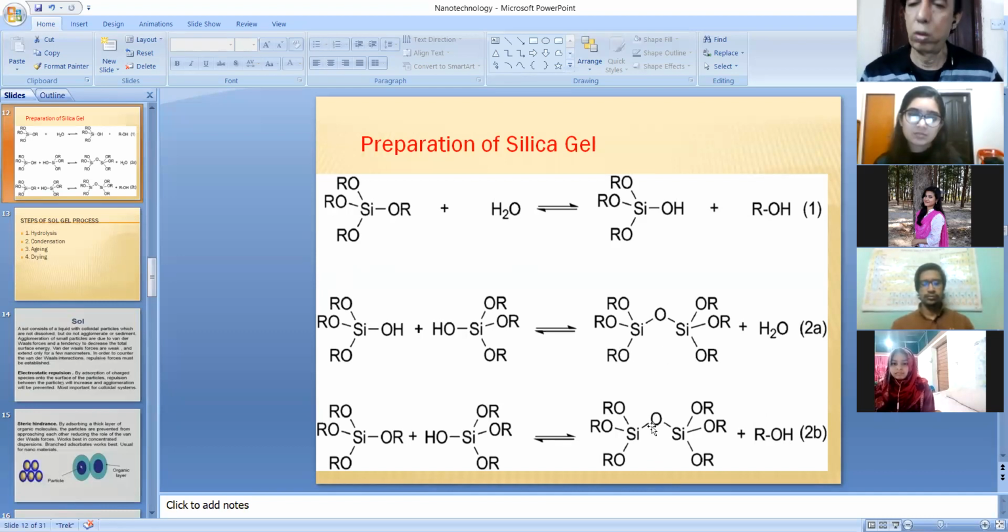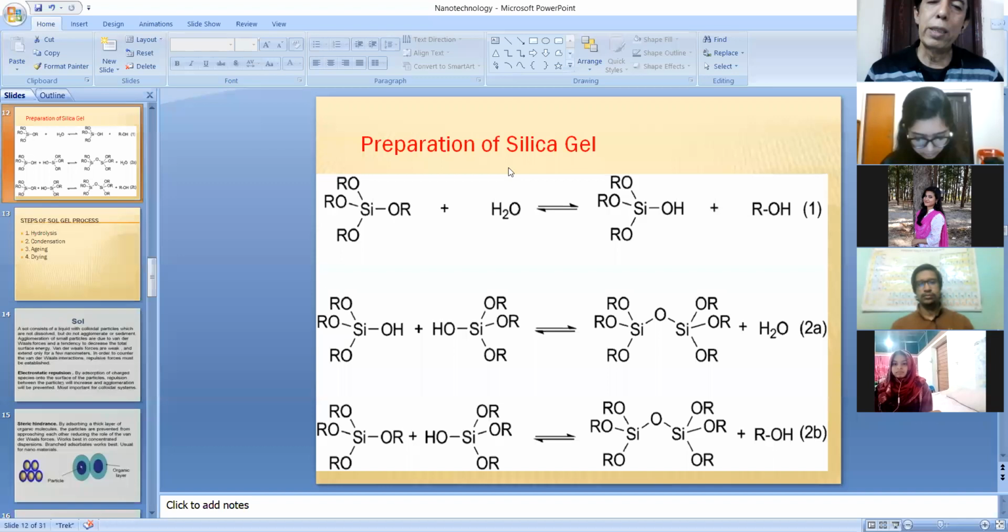This is the sol, and it becomes a gel by the condensation. This molecule combines with another molecule to form a three-dimensional structure, which is known as gel.